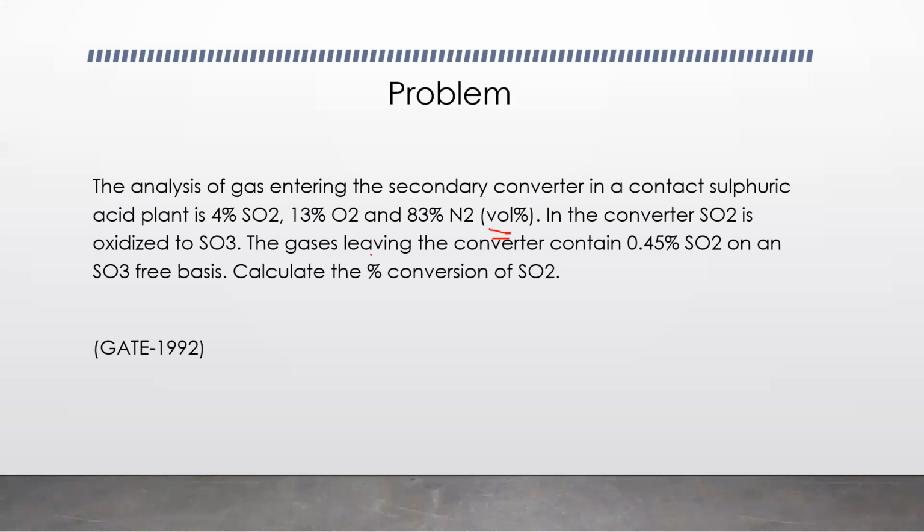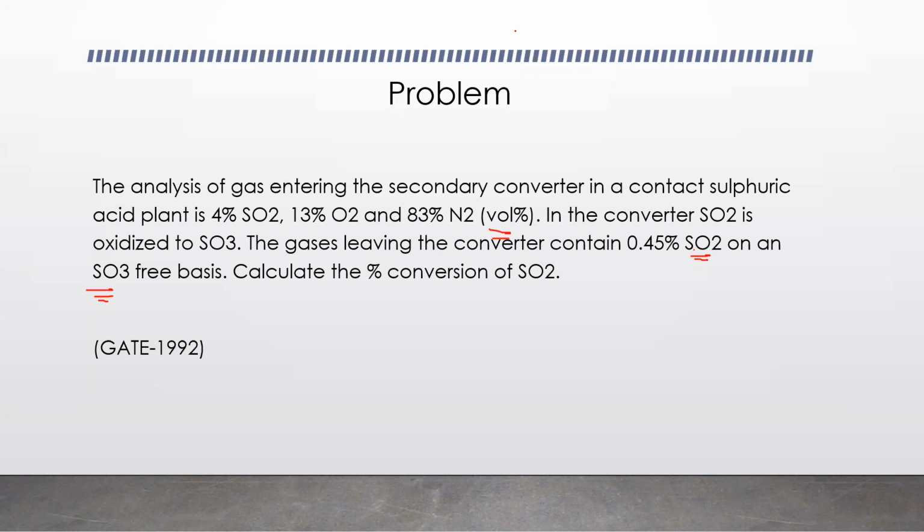The gas leaving the converter contains 0.45% SO2 on an SO3 free basis. That means if we do not consider SO3 in the analysis, and among all the other gases that are there, SO2 is 0.45%. So calculate the percentage conversion of SO2.